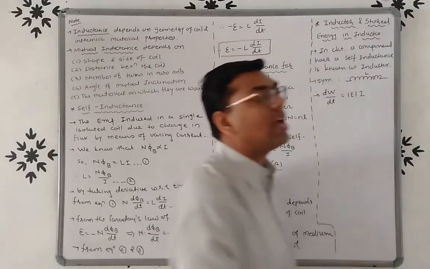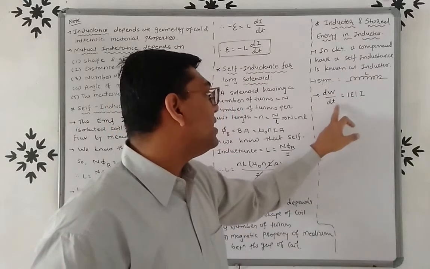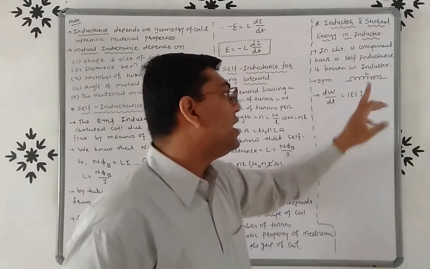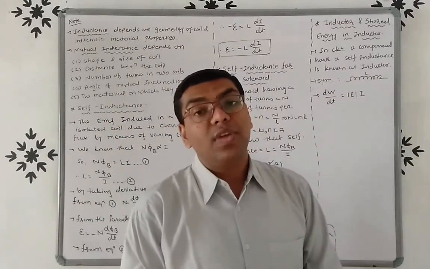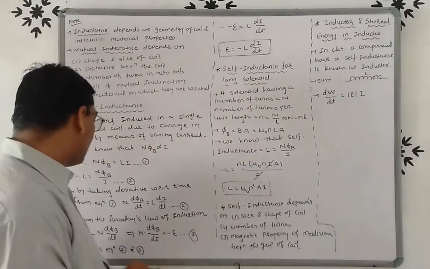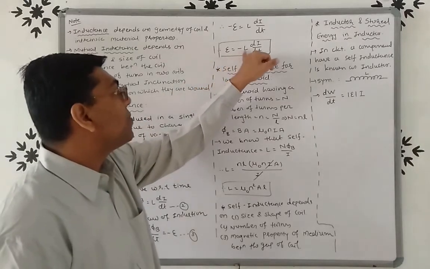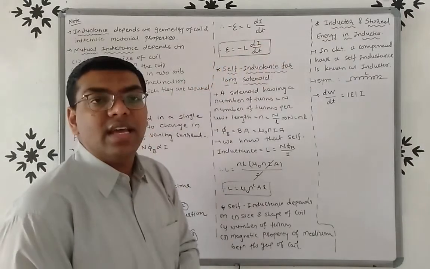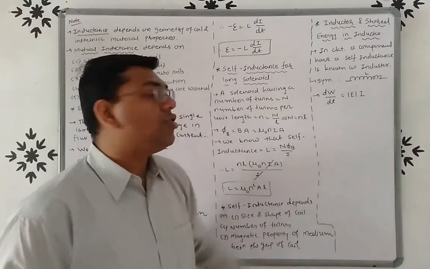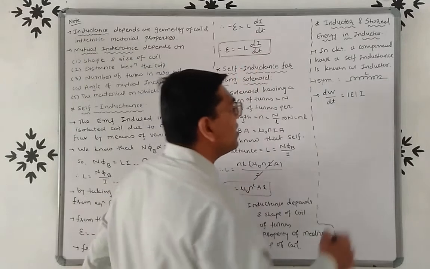Here we have to take the magnitude of EMF, so dW by dt is equal to the magnitude of E into I. But we know that for self-induced EMF, the formula is E equals minus L di by dt. Here we take the magnitude of EMF, so E is equal to L di by dt.